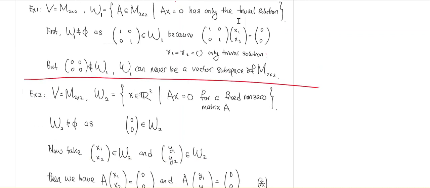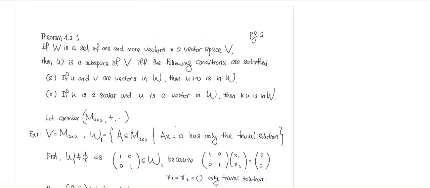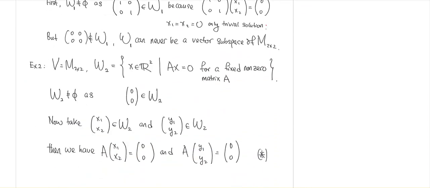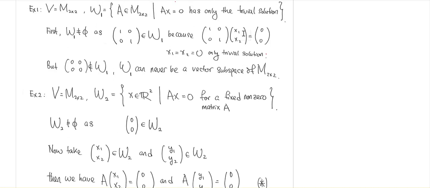Now, most of you, when you don't really know how to apply Theorem 4.2.1, it's because you have trouble reading the set. So I'm going to give you sets that look like the ones we have seen in W1, but are actually very different. For example, here we have the same vector space V, but then our W2 is this set.